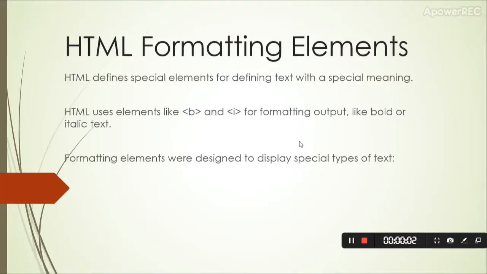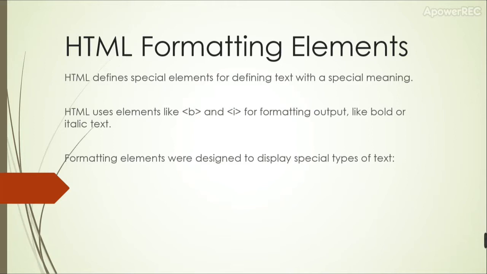HTML formatting elements. HTML defines special elements for defining text with a special meaning. HTML uses elements like bold, B tag, and I tag for formatting output like bold and italic text.